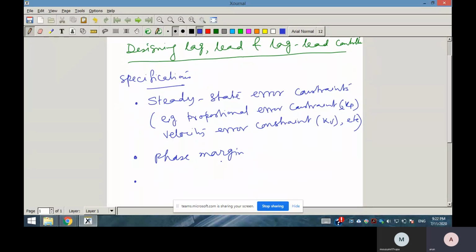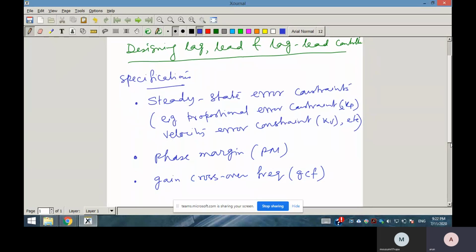Similarly, gain crossover frequency. Phase margin I will denote as this one, and gain crossover frequency also we want to meet. We will term it as GCF. Gain crossover frequency is related to the speed of the response.